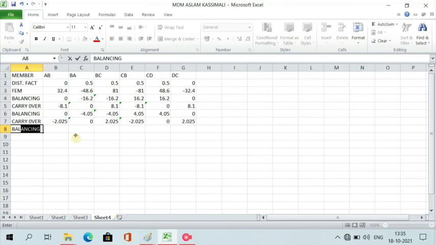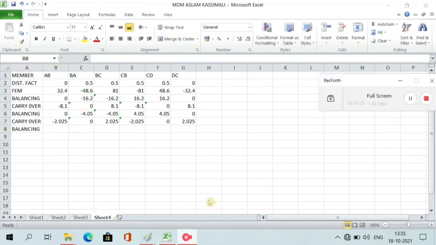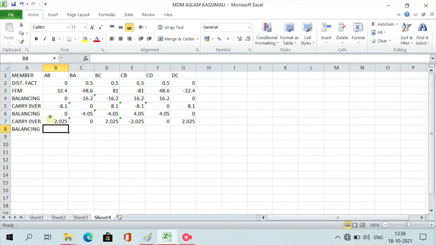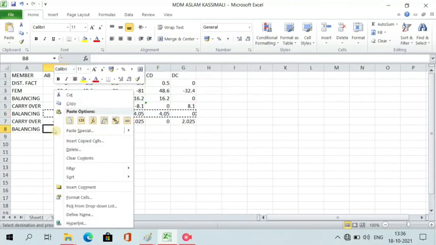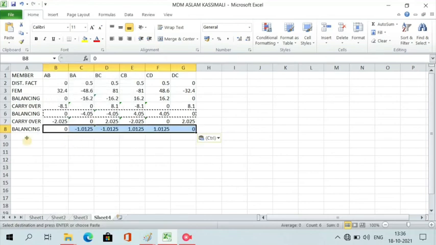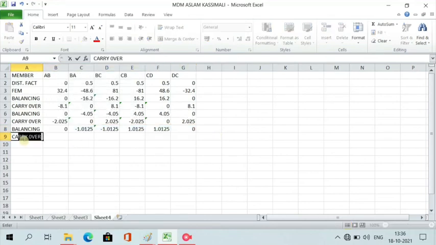Again I will be doing balancing. Now at this time of balancing, we need to copy the sixth row. So I will be copying the sixth row, then I will be pasting it in row number 8. So I pasted, we got.